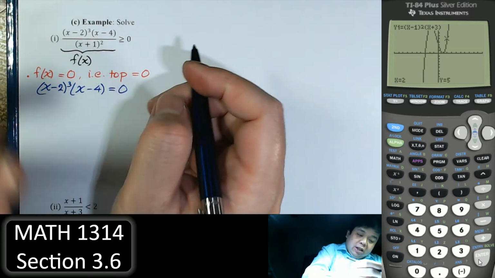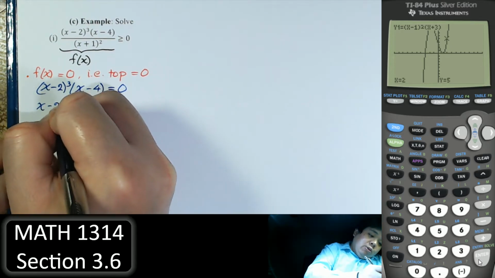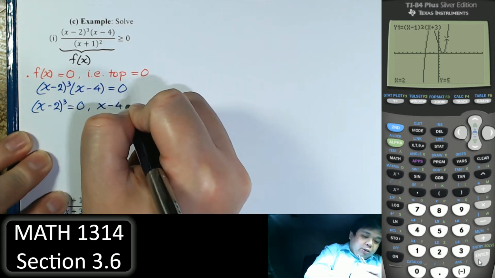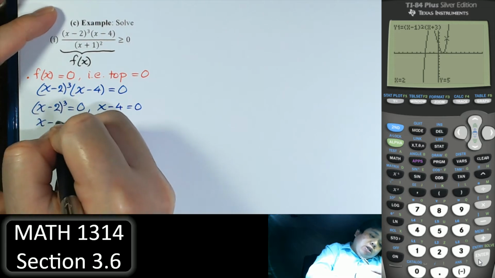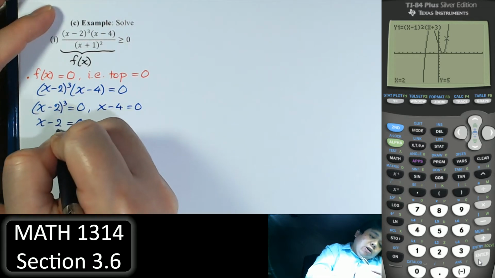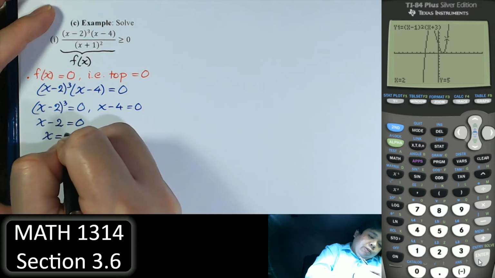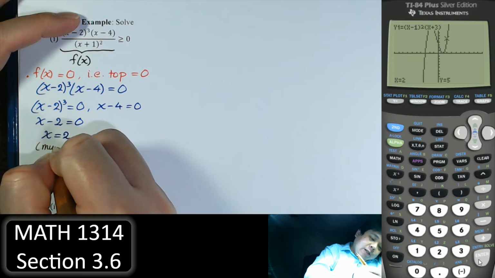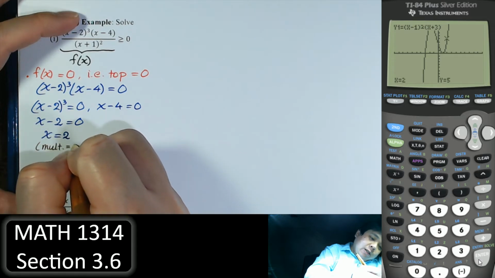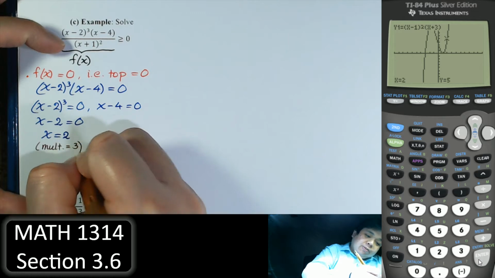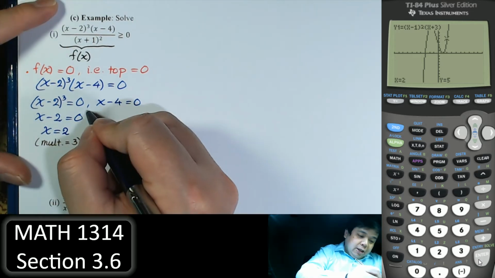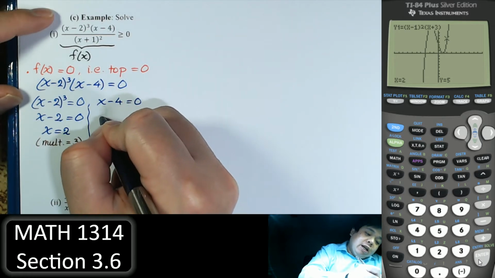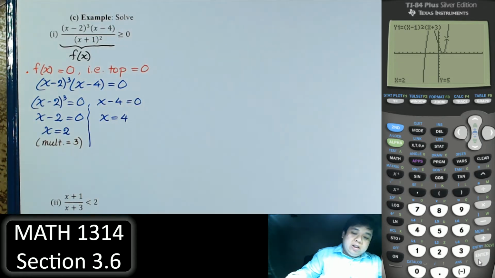That is the top equal to 0. Here we have (x minus 2) cubed equal to 0 and x minus 4 equal to 0. If x minus 2 equals 0, x must be equal to 2, and this is multiplicity of 3, that power. And here x minus 4 equals 0, plus 4 on both sides, x equals 4, and this is multiplicity of 1.